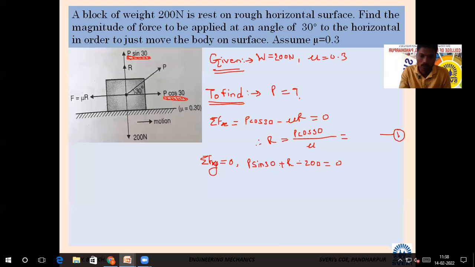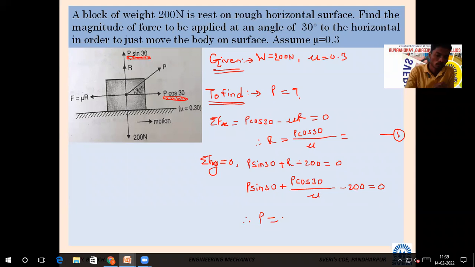I'm going to ask randomly. So this P sin 30, just check whatever it may be. P sin 30 plus R. What is the value of R? P cos 30 divided by mu minus 200 equal to 0. From this directly you can get P. Are you with me? Yes, sir.